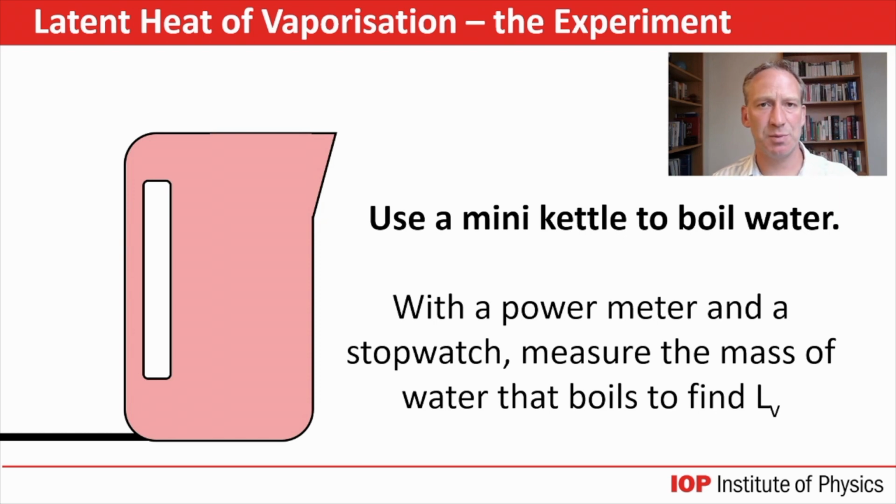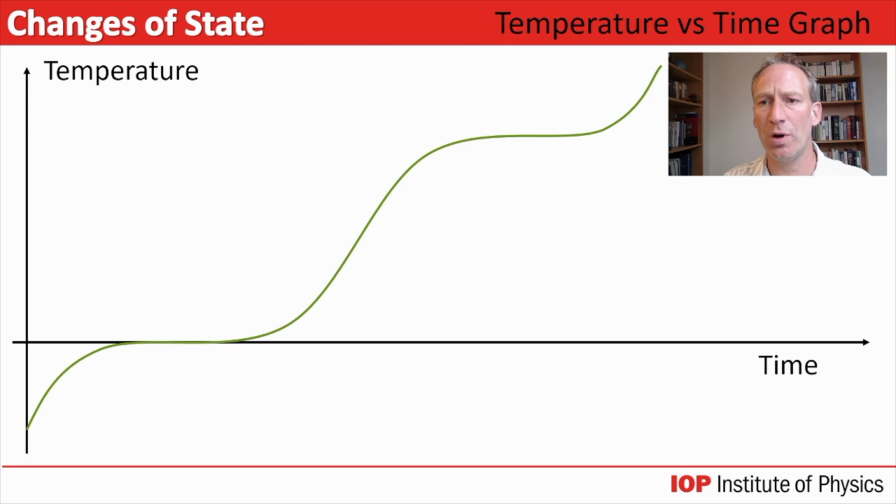One final idea it's worth considering is what the temperature time graph looks like from when you go from a solid all the way up to a gas. So on the left hand side here we've got the temperature, which is in freezing.